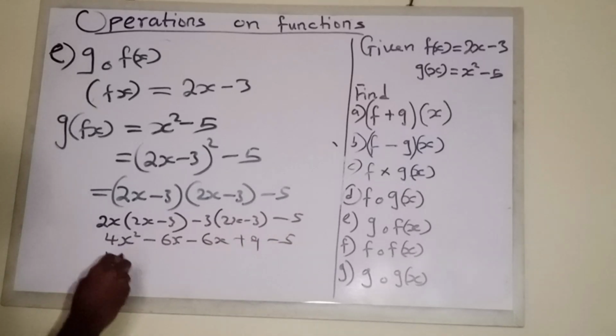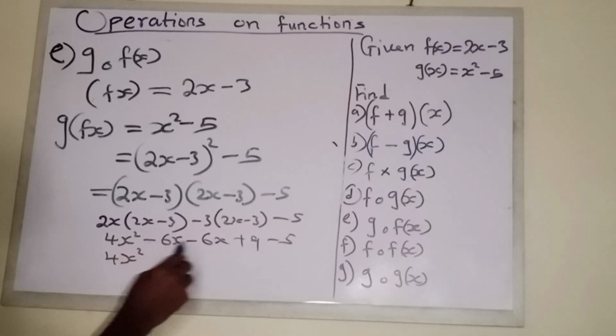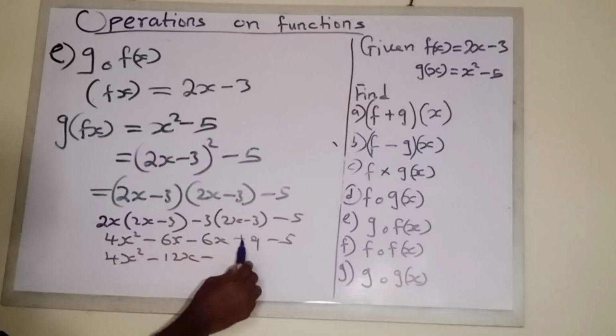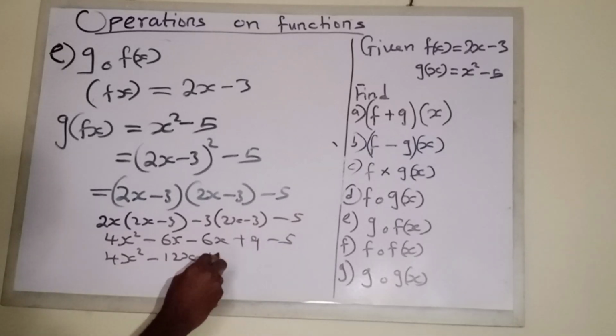So we have 4x squared, minus 6x minus 6x gives minus 12x, then plus 9 minus 5, we have plus 4.